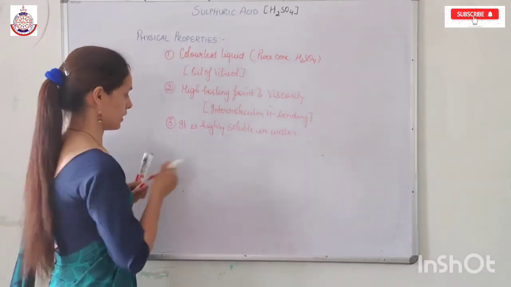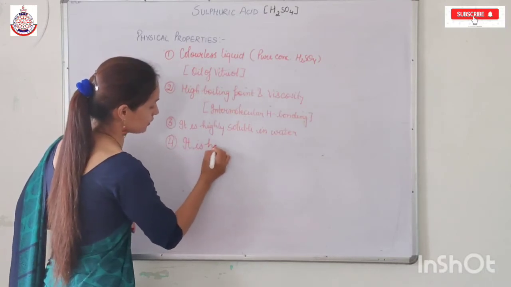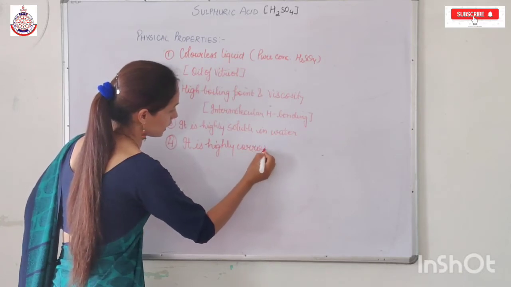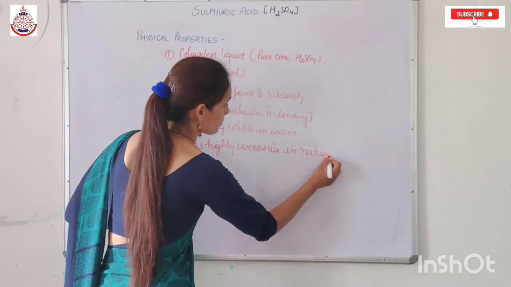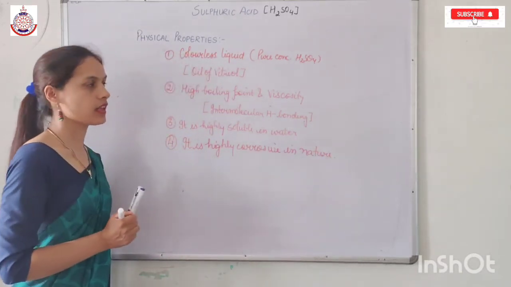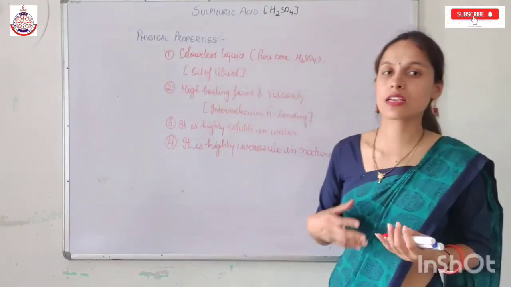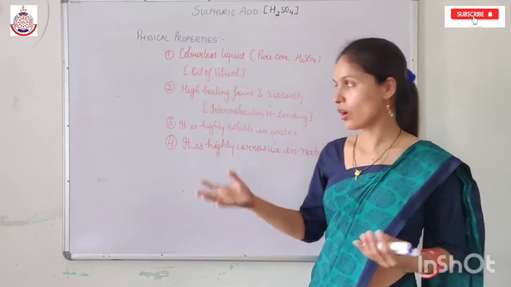The fourth property is that it is highly corrosive in nature. So these are the physical properties of concentrated sulfuric acid. Pure concentrated sulfuric acid is a colorless syrupy liquid, also known as oil of vitriol.